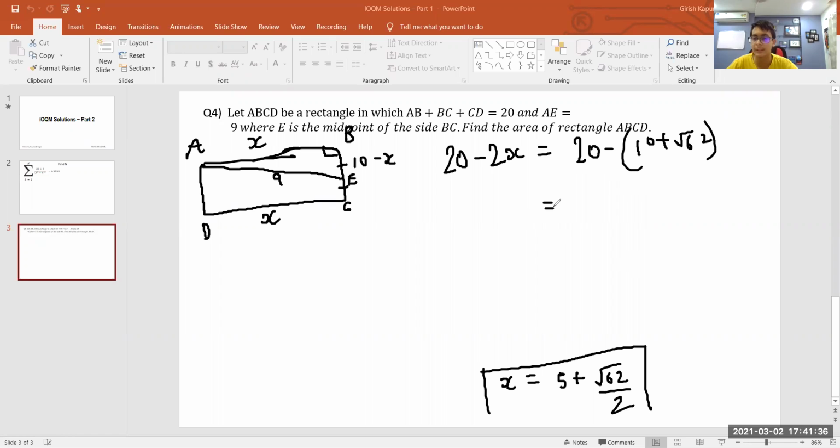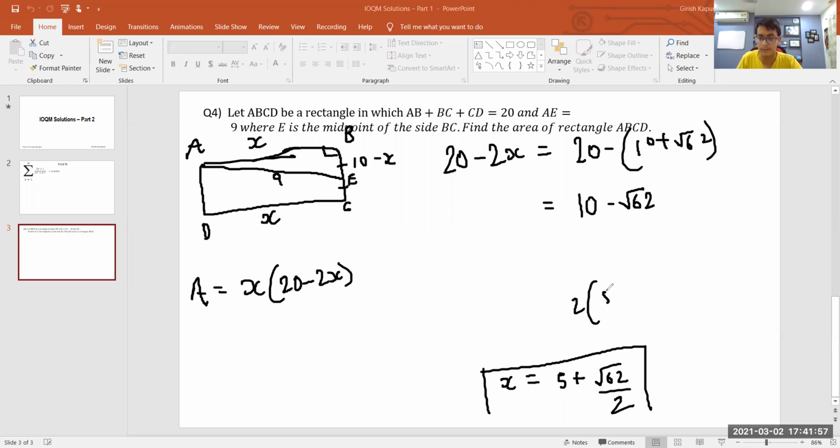So that's just gonna be 10 minus root 62. Okay, this is good news for us. So let's just write that the area is x times (20 minus 2x). Okay, for the 2x stuff, 2 times 5 plus 2, 2 times 5, just 10. The 2's get cancelled, so root 62, hope that's clear.